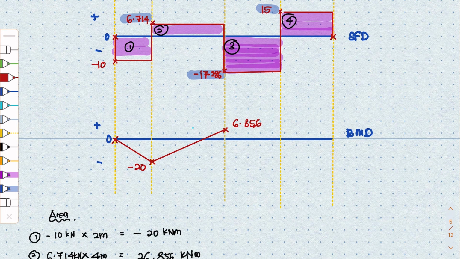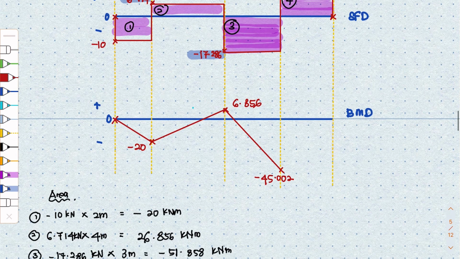So area 3 is negative 56.856, which means that 6.856 minus 51.856. That you will get negative 45.002. And for area 4, it is positive 45, meaning negative 45.002 plus 45, then you will get some value at negative 0.002.